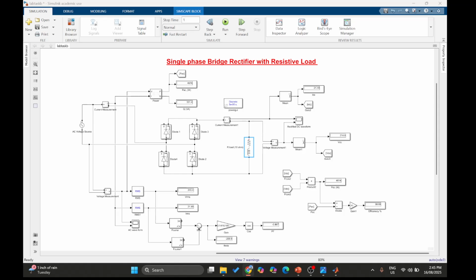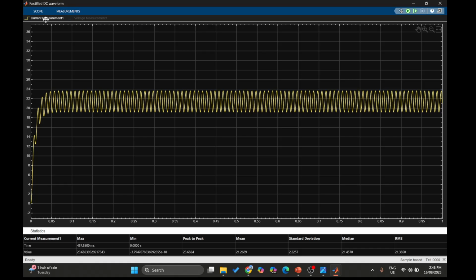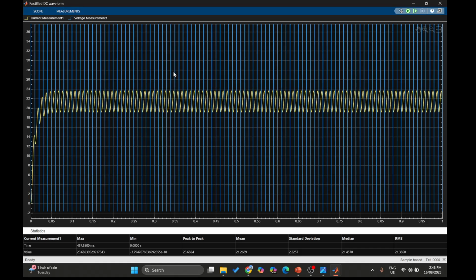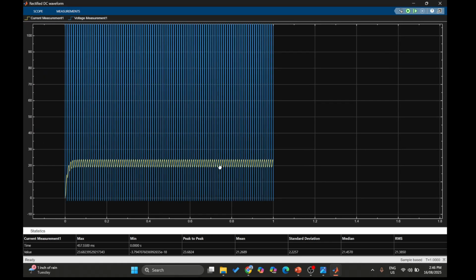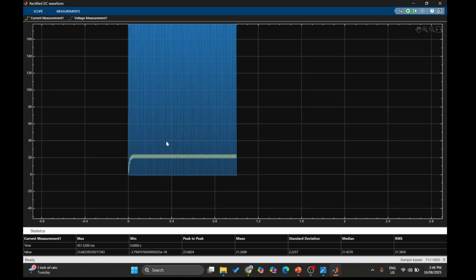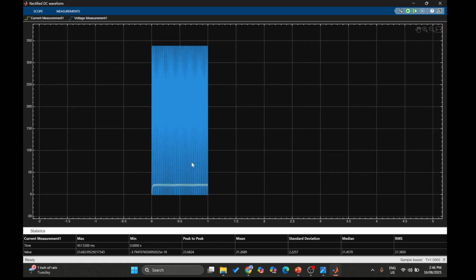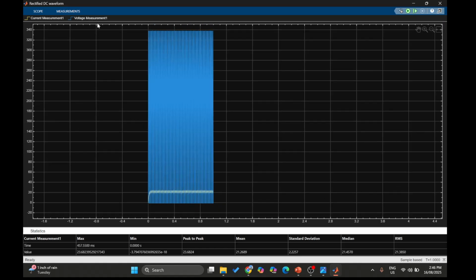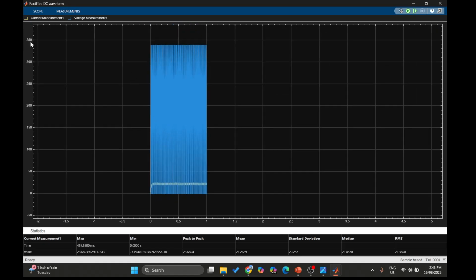Okay. Now let's see. Okay, we want the voltage too. Now you can see that, despite the inductance, the voltage waveform has remained the same as with the purely resistive load.